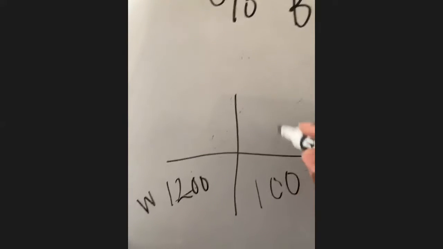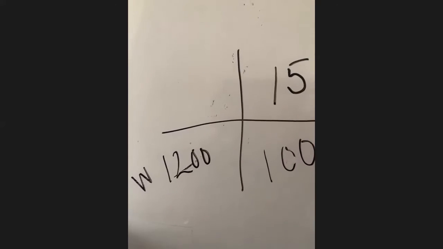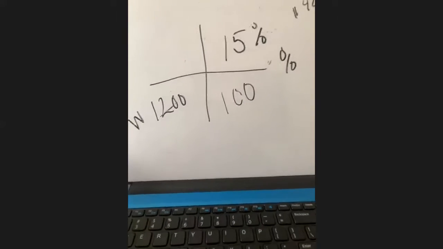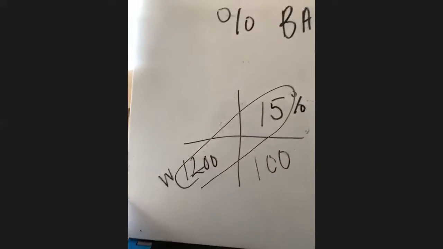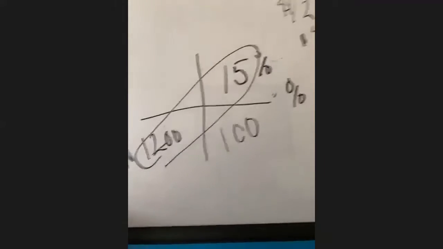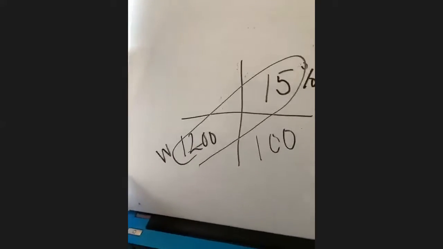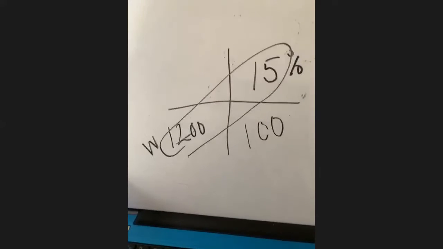So let's do it again. So we got 15% here. And what did I say to do here? All right, I said multiply here, right? Now, we're gonna do the short way, and if you had a calculator, you could actually do it the longer way, or we could do it manually, but for time's sake, I'm gonna show you the short way to get the percentage of a whole.